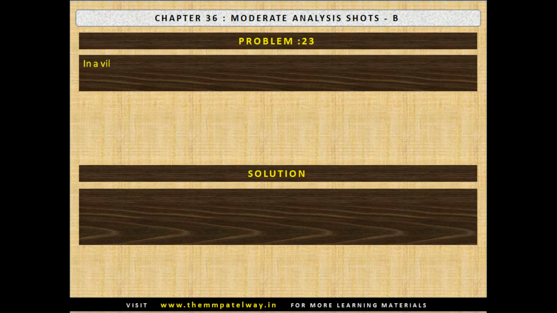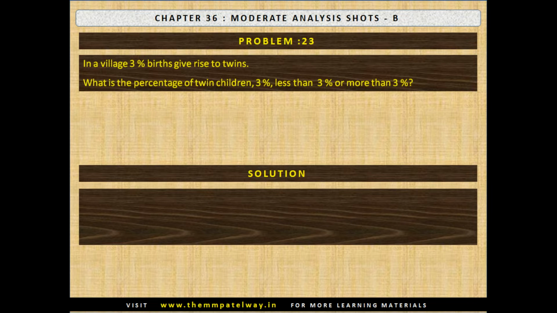Problem number 23. In a village, 3% births give rise to twins. What is the percentage of twin children? 3%, less than 3% or more than 3%? Now stop the video and solve the problem. The solution follows.